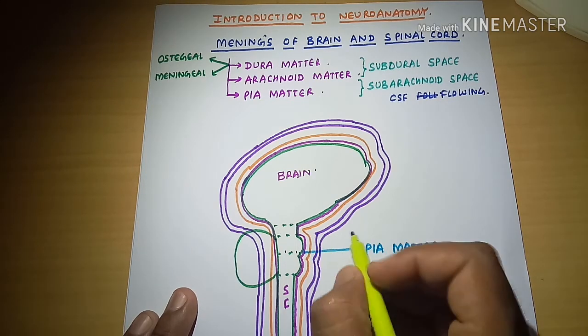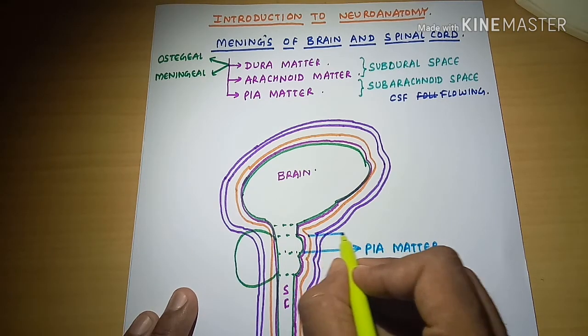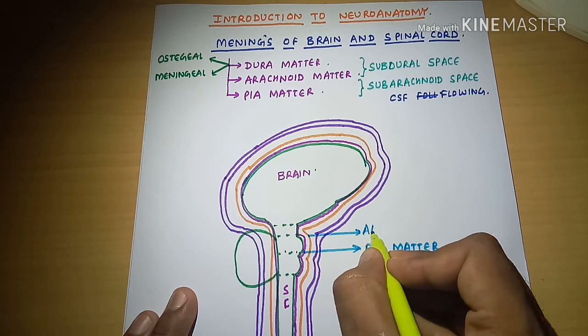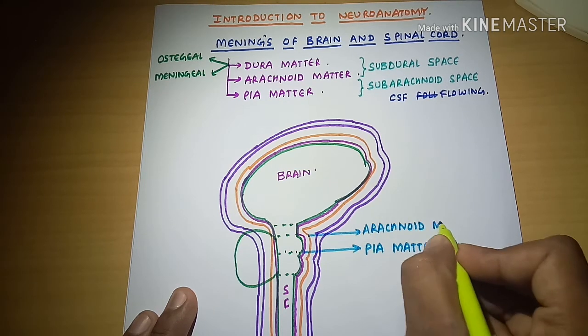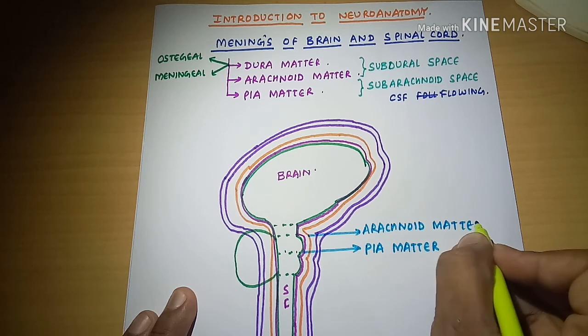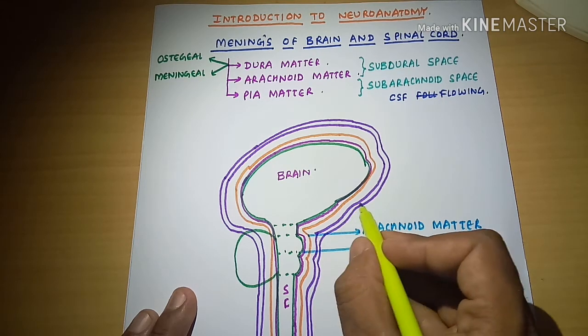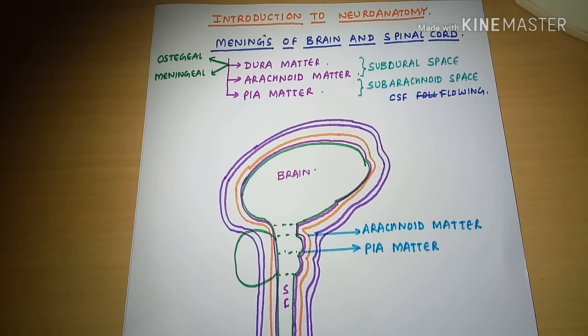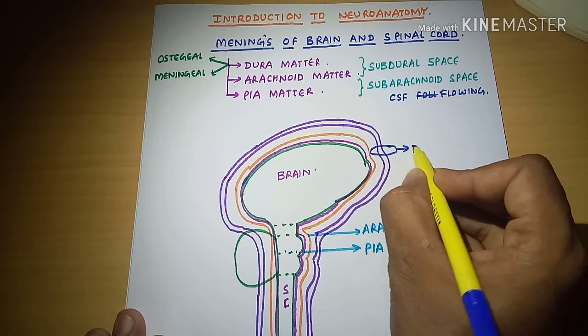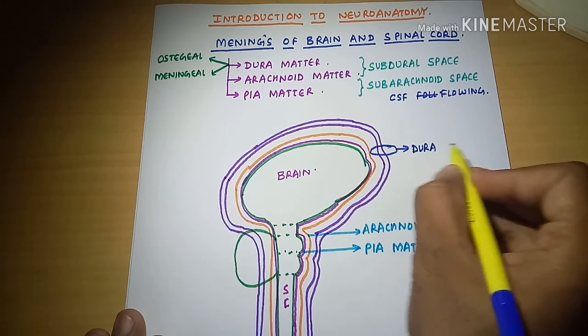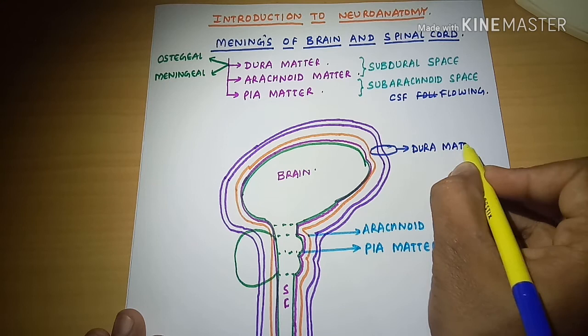And this orange color is the arachnoid mater. And this purple color is the dura mater, which has two layers.